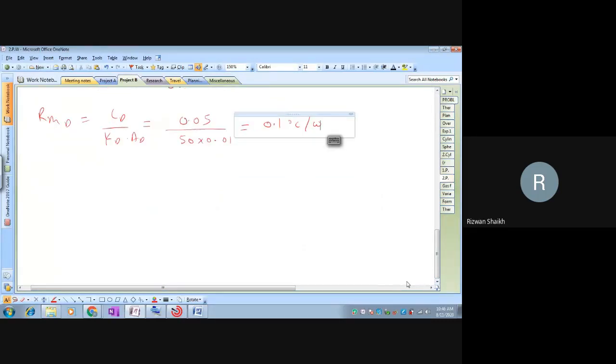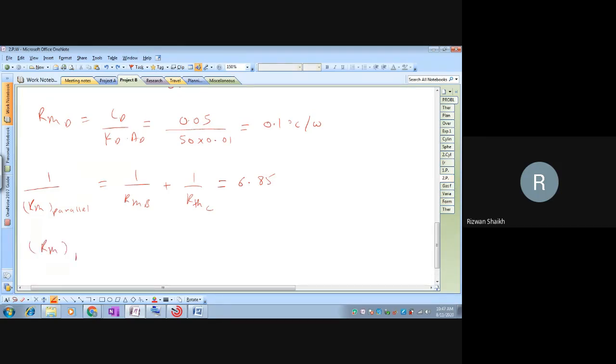I can apply the formula of RTH parallel: 1 upon RTH B plus 1 upon RTH C. You can substitute the values and get 6.85, and finally RTH parallel is equal to 0.1468 degrees Celsius per watt. This is your RTH parallel.